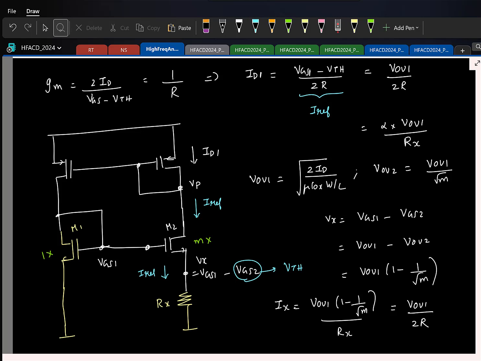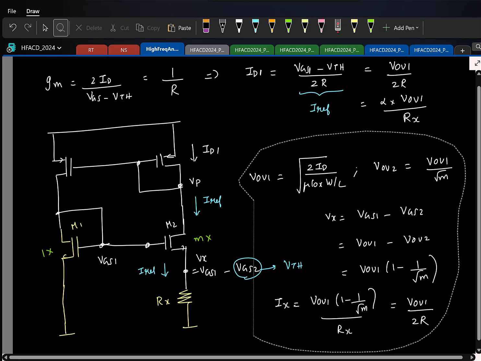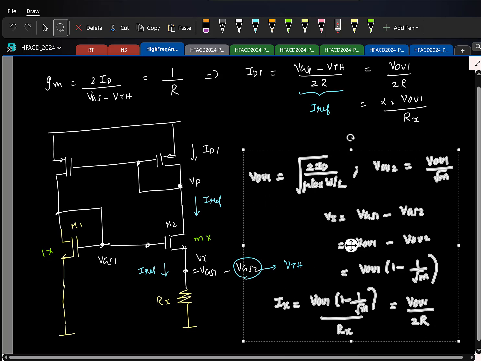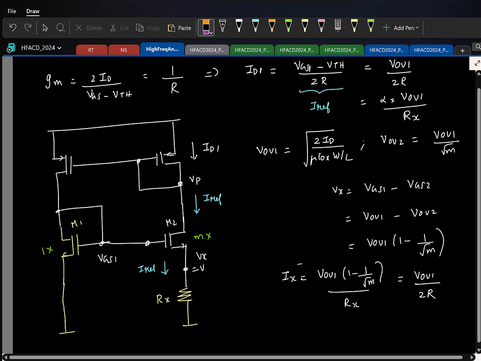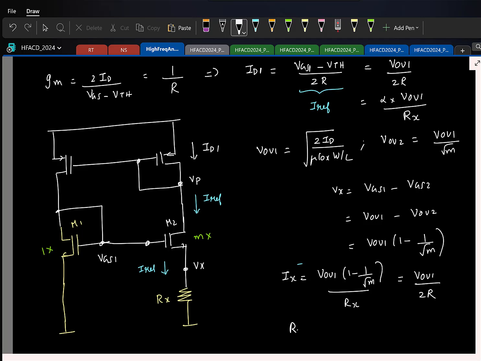So let me write that. I'm making some space. So Rx will be what? 2R times, right?